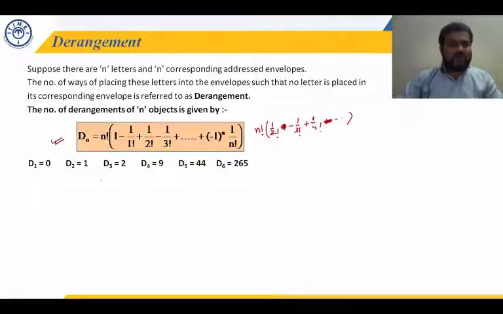Now it will help if you remember some values for dn, so that if there is a question you will be able to save some time. So if you remember, well and good. So d1 is 0.